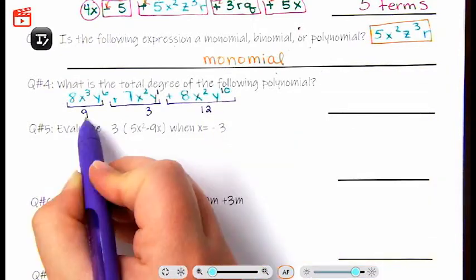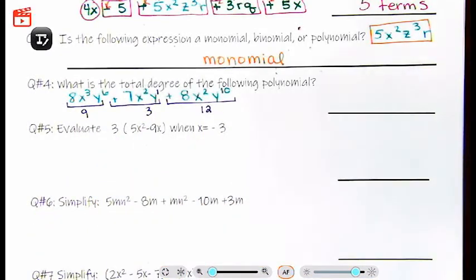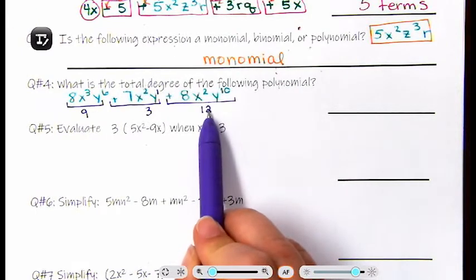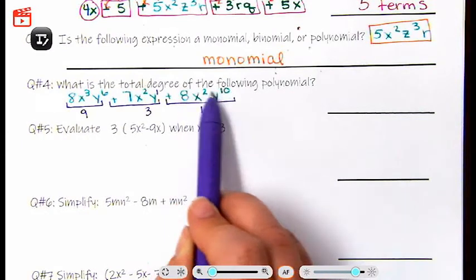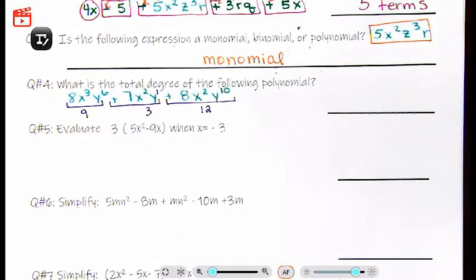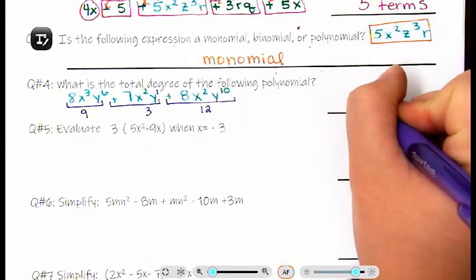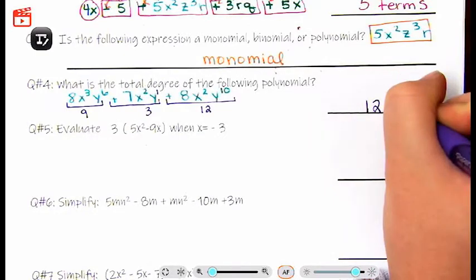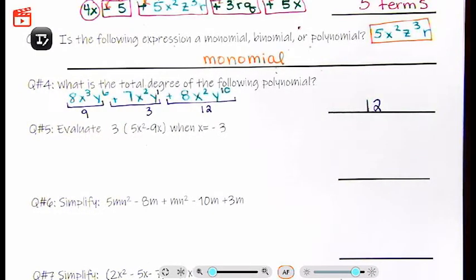So these are the exponential values. I took all of the exponents and I combined them. Now we're not actually combining like terms. I'm just saying, hey, what's the total highest degree of that term? Since the total highest degree is 12 in this term, that means the total degree of the following polynomial is 12. That is the highest degree.